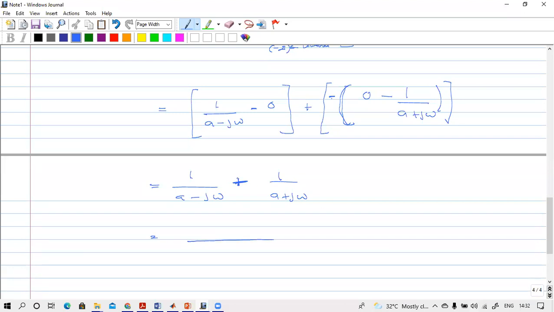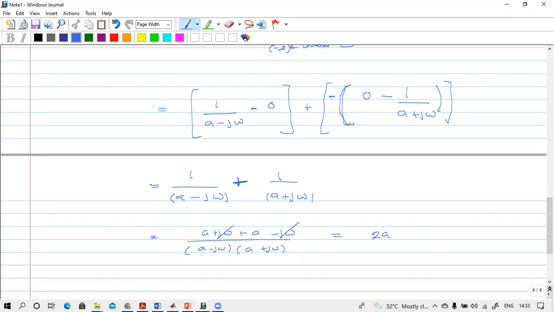So you can get this as the lower part. Okay, so you will get a minus j omega, a minus j omega, a plus j omega, and you will get here a plus j omega plus a minus j omega. Okay, so j omega cancels out, and you will get 2a.